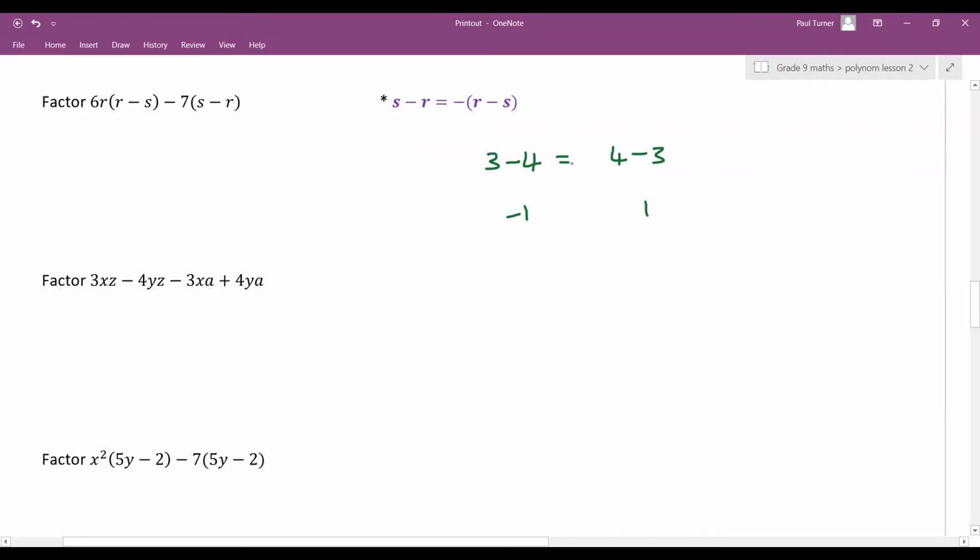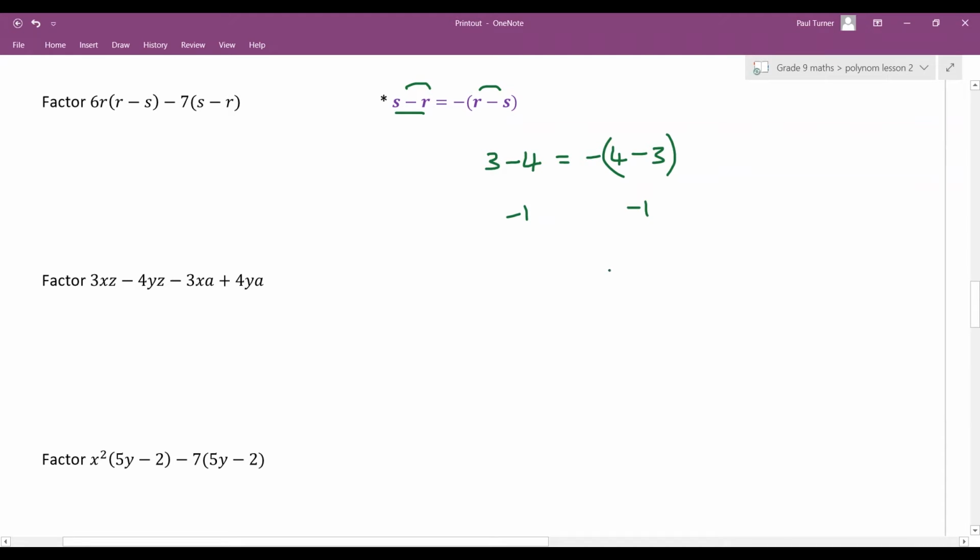But how can you make them the same? You see what they did here? S minus r is minus (r minus s). So you swap the numbers around, but then you need to put a minus sign in front. So if you want these to be equal, you would put a minus here. So then you get minus 1 there.